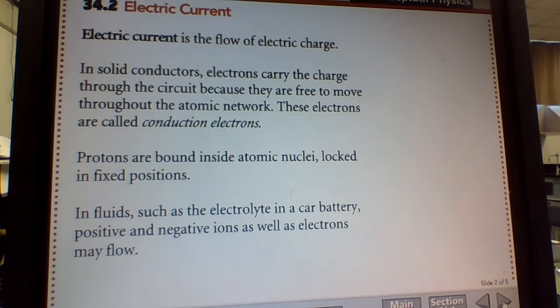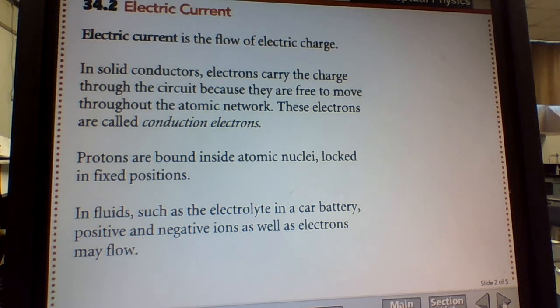Protons won't move. Protons are bound very tightly in the atomic nucleus, and because of this, they're locked into position, and they don't have the ability to flow around or move freely. Now, when we have an electrolyte, like the battery acid, the fluid inside of a car battery, we have positive and negative ions.